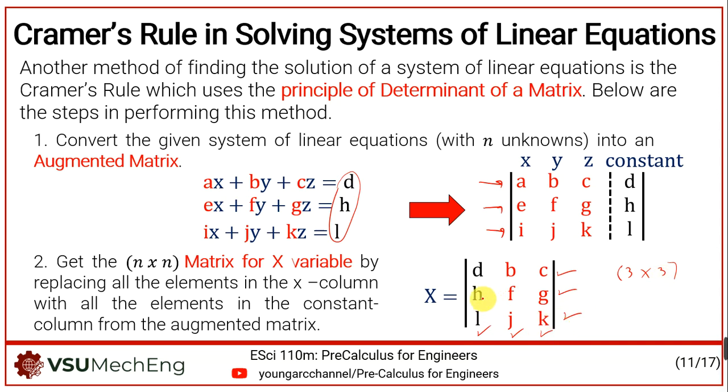In generating this matrix, it is arranged such that the entries for the x column will be replaced by the constants, because we are after the matrix for the x variable. Then the remaining two columns are for the coefficients of y and z.